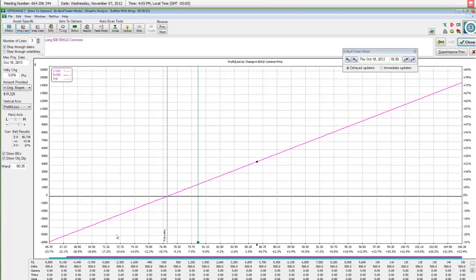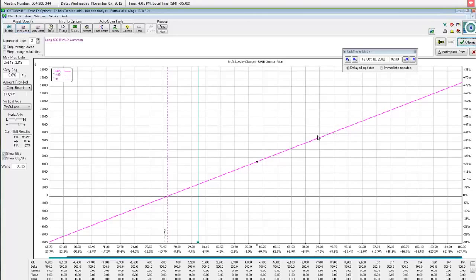Everything below that black solid line indicates a loss of money by owning that stock. Right now, that little black dot that I'm pointing at, hold on, that one, indicates that since we bought that stock, we've made $4,400 in profit.